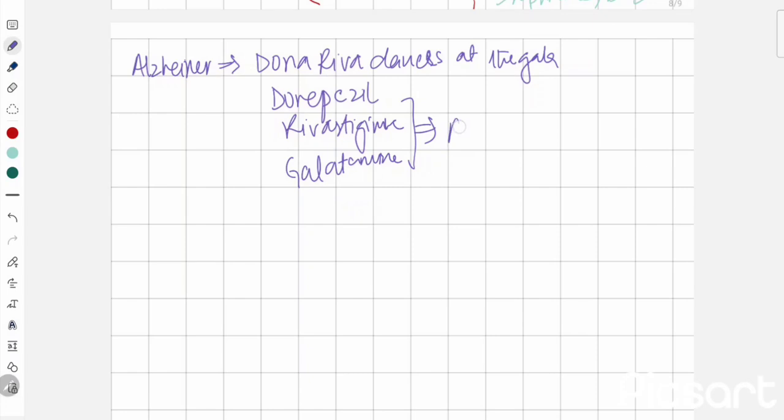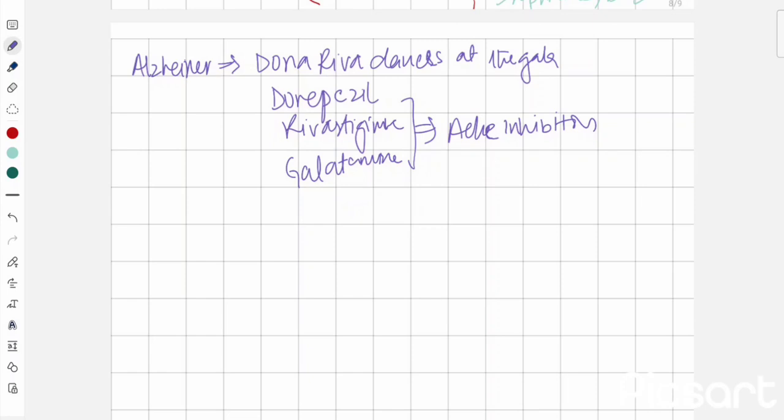These all are what? They are acetylcholinesterase inhibitors. Okay, they are again first line treatments, and their possible side effects will be nausea, dizziness, and insomnia.